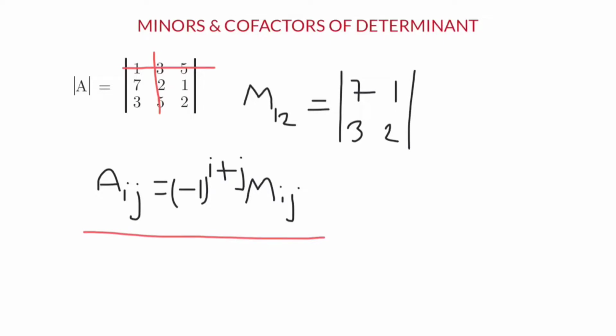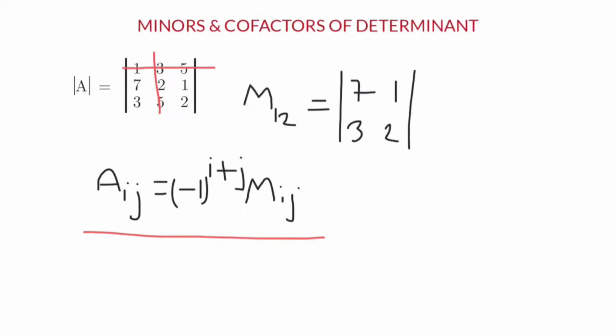What does it mean? It means the cofactor is just a signed minor, which I have already told you before. Here you can see Aij equals Mij, but it will have a positive or negative sign. This -1 to the power i plus j gives the positive or negative sign.